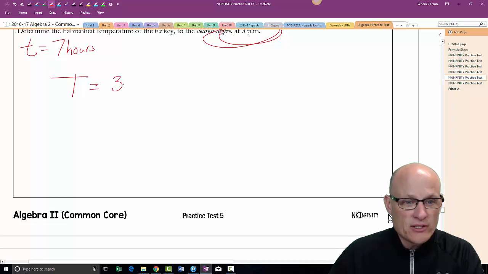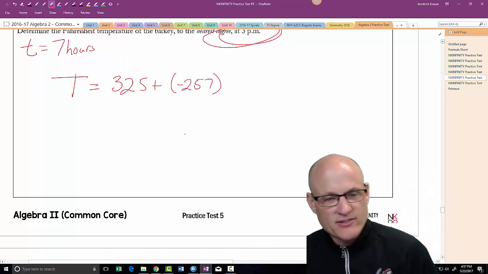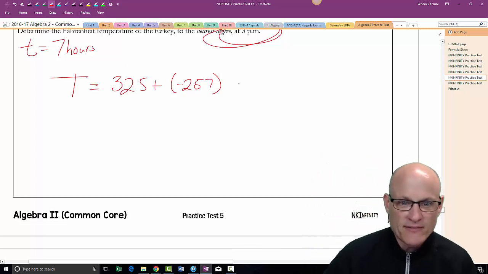T is equal to 325 plus, now wasn't this negative 257? I already did that math. There's no reason to do that again. That's that 68 minus 325. E to the negative 0.066 times 7. And all these are numbers, so I just got to type them in.